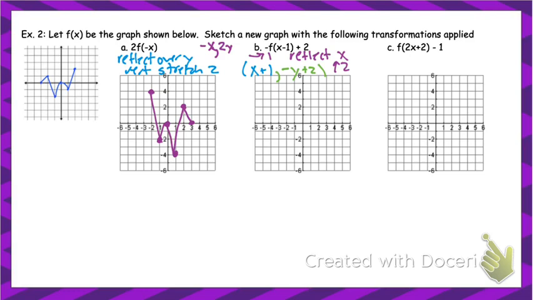All right, for C, again, I'm going to get in the habit of factoring out that value. So vertically, the only vertical change is going down 1. Horizontally now, I am going to have a horizontal compression. And then after that horizontal compression, I'm going to go left 1.